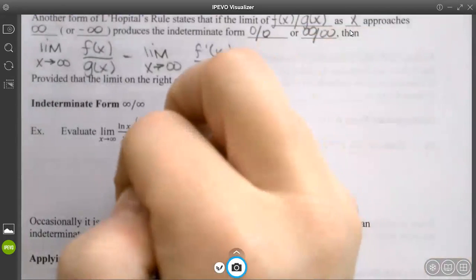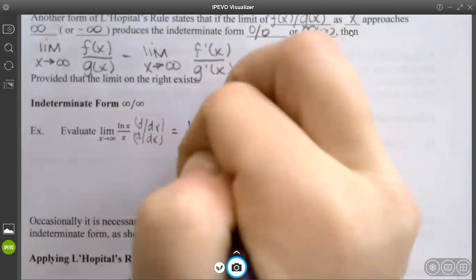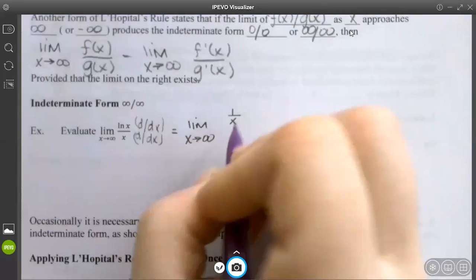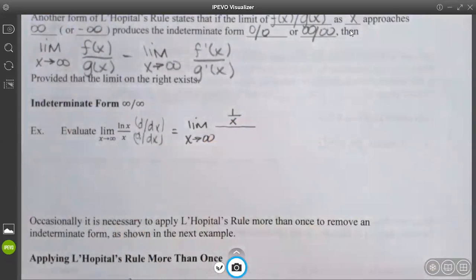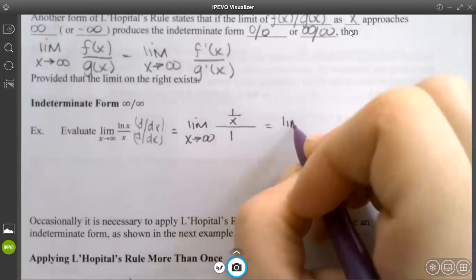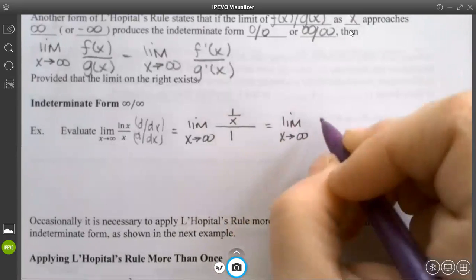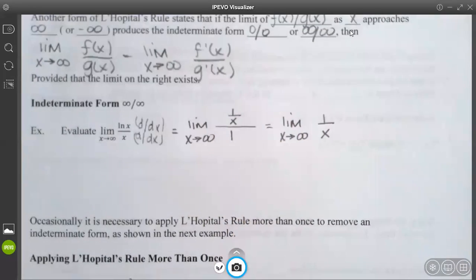Good job. So we get the limit as x approaches infinity of 1 over x. On the bottom, the derivative of x is 1. So this is actually the limit as x approaches infinity of just 1 over x.